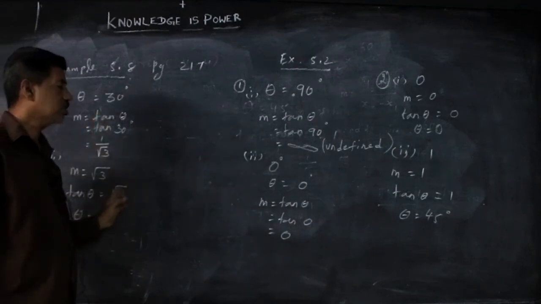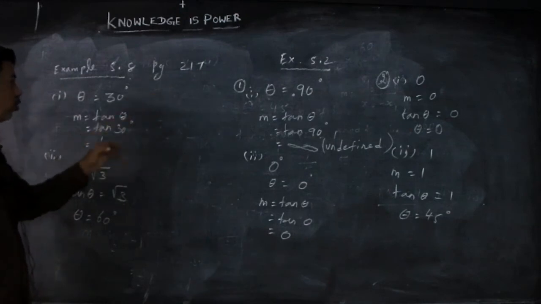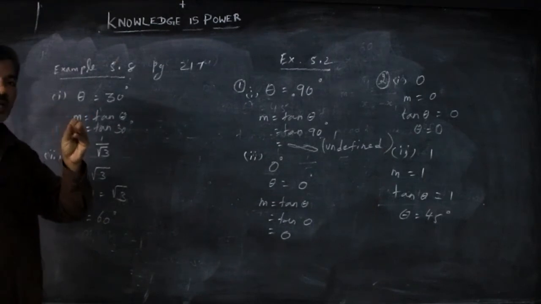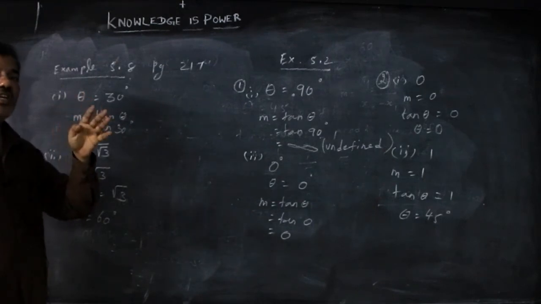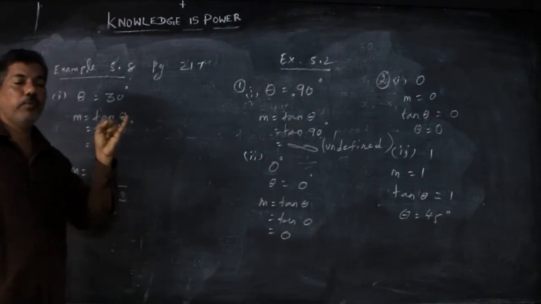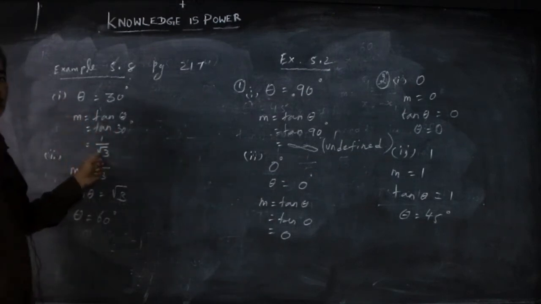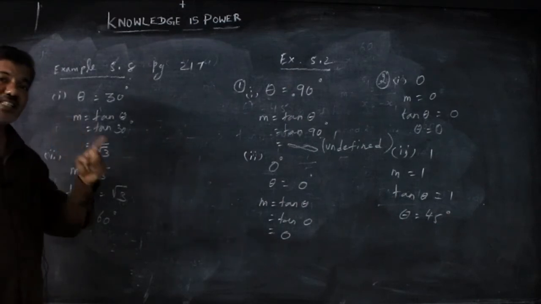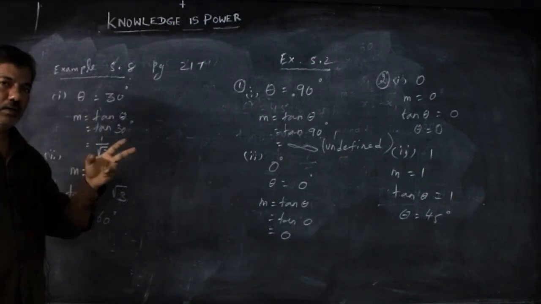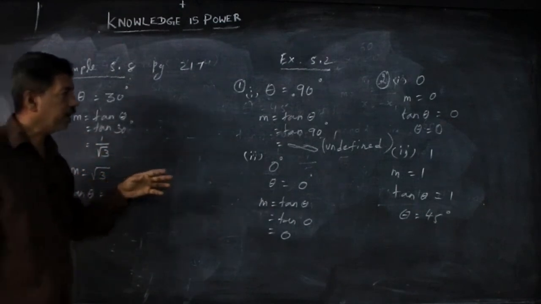So this is an example sum which is present on page 217. You have to recall what I told, that 5 values: 0, 30, 45, 60, 90. Tan 0 is 0, tan 30 is 1 by root 3, tan 60 is root 3, tan 45 is 1, tan 90 is undefined or infinity.